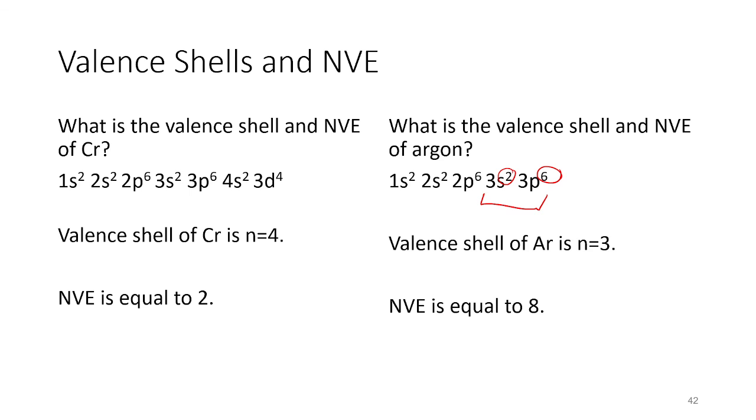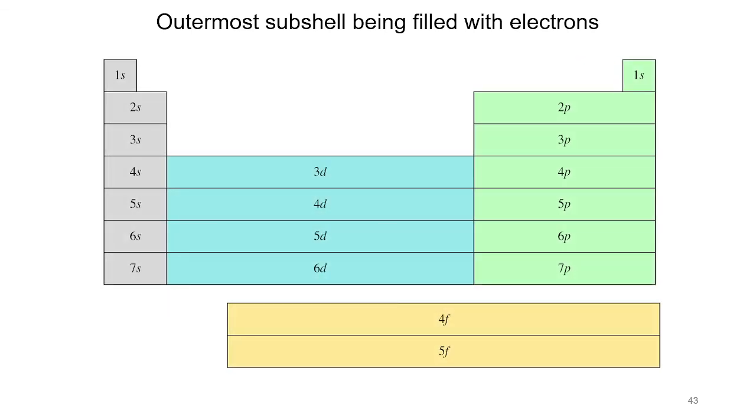So these are the outermost subshells being filled with electrons of different elements in our periodic table of elements. You may look into that later on. So we have here the s orbitals. These are the alkali metals and the alkaline earth metals. We have here the transition metals, 3d. We have here the different boron groups, carbon groups, nitrogen groups, and fluorine group.